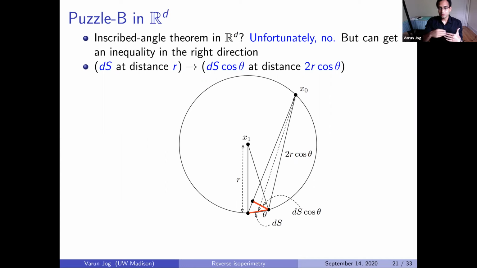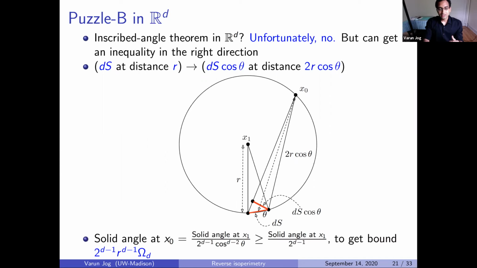So it turns out if you were to calculate the solid angle, it depends on some angle theta. Depending on where this point x0 is located, you get a different solid angle subtended to the boundary. But what you can show is that the solid angle subtended at x0 is the solid angle at x1 divided by this quantity, 2 to the d minus 1 cos to the d minus 2 theta.